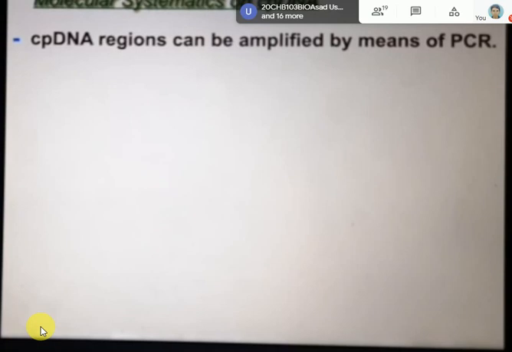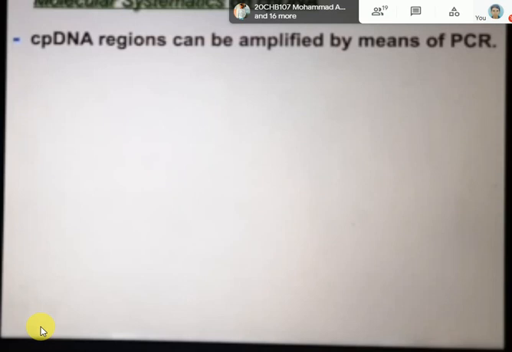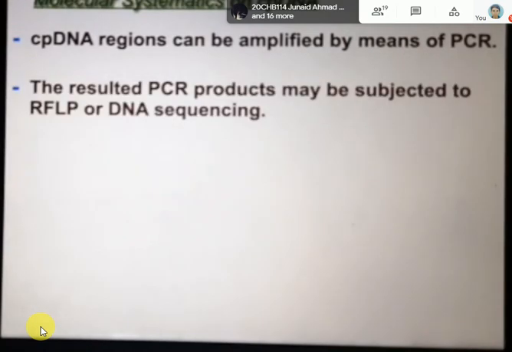Nowadays we are not able to carry out these experiments due to the pandemic. If it was possible, I could show you that particular PCR machine that can help in the amplification of the DNA, that is, the multiplication or amplification of the DNA. The resulting PCR product may be subjected to RFLP and/or DNA sequencing.